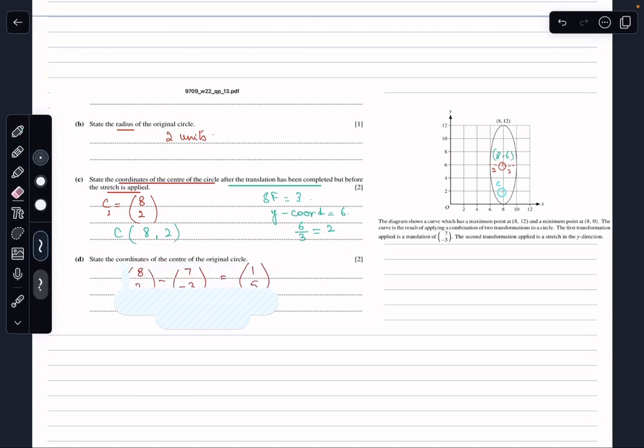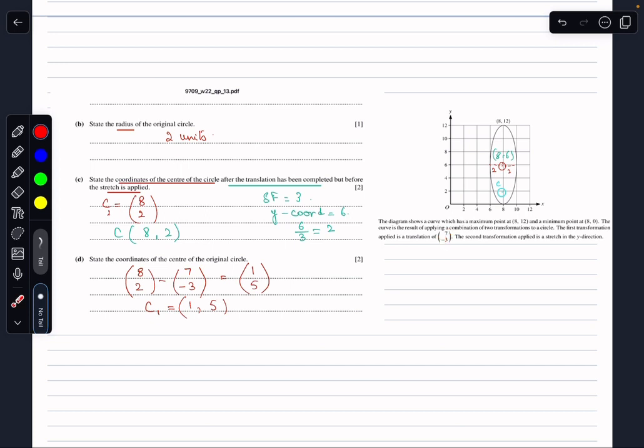Now, the next part of the question says state the coordinates of the center of the original circle. So, what was the original circle? Obviously we know now that the center of the circle is 8, 2. They have said that a translation of 7 and negative 3 has been applied.